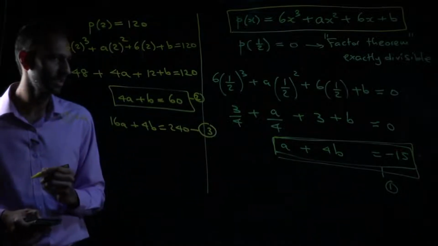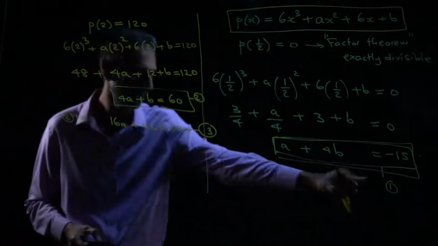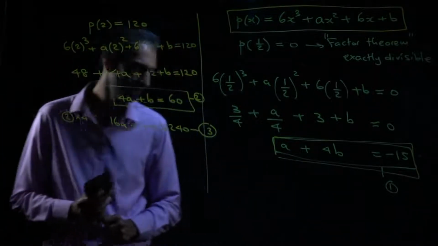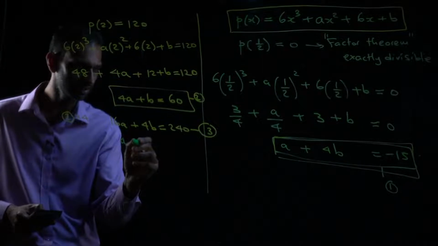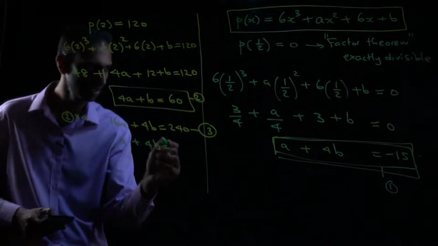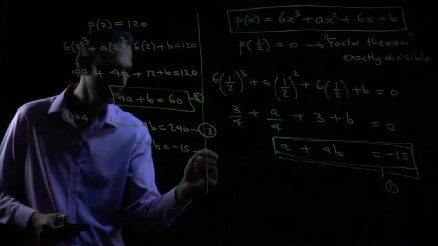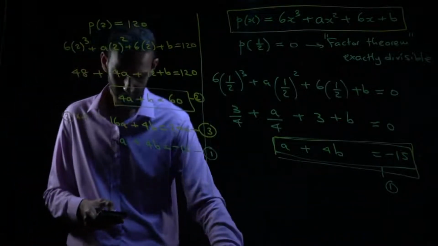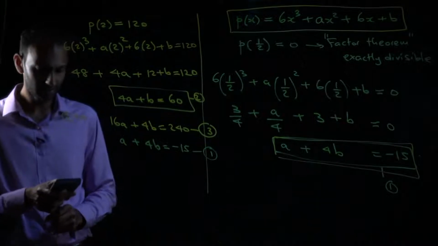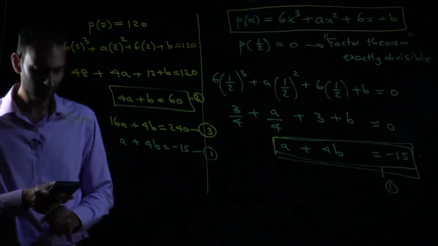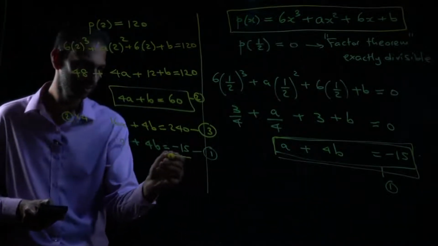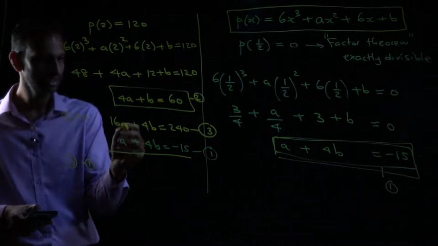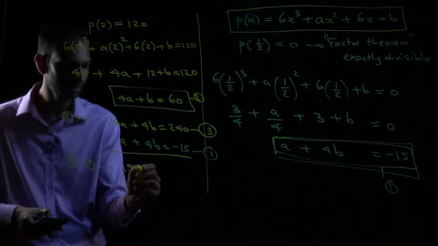So if we take 3, we subtract 1. Let me write equation 1 underneath so that you can see the working. So equation 1 is a plus 4b is equal to minus 15. That's equation number 1. Okay, now if we simplify it, we say 3 subtract 1. 16a minus a is 15a.